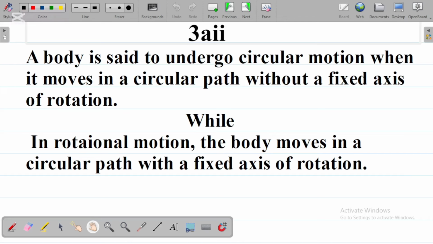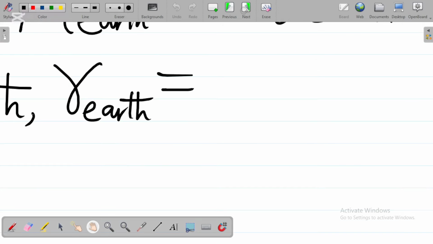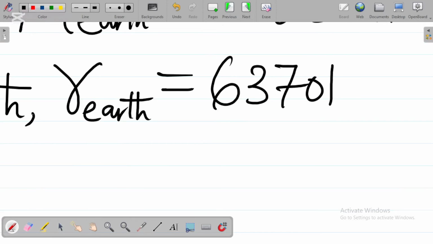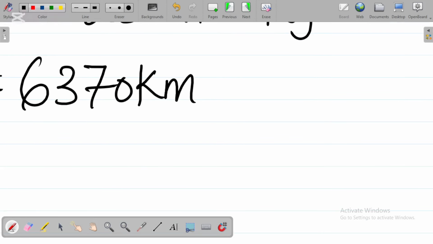Let's confirm. So 6370 kilometer. Now we are going to convert from kilometer to meter.